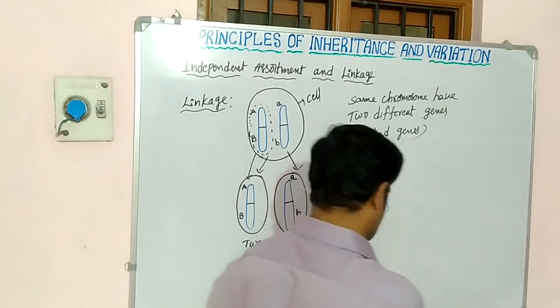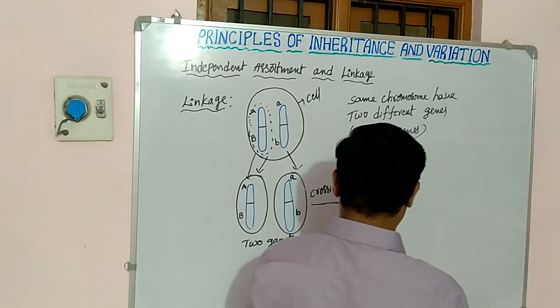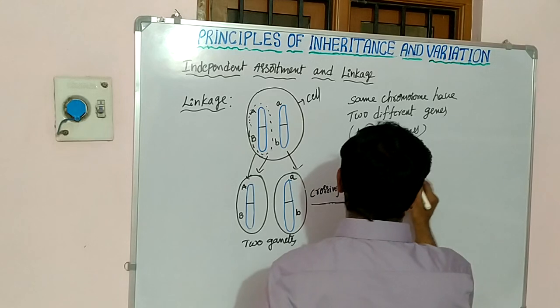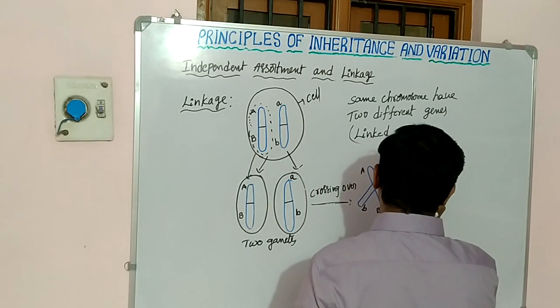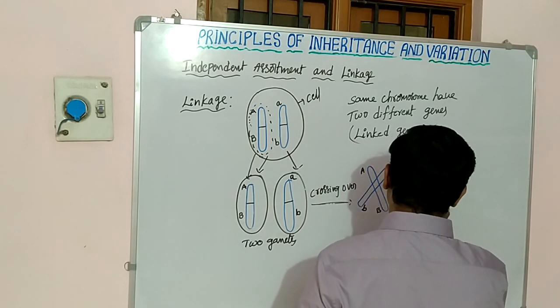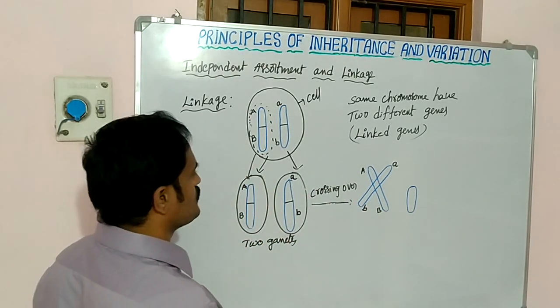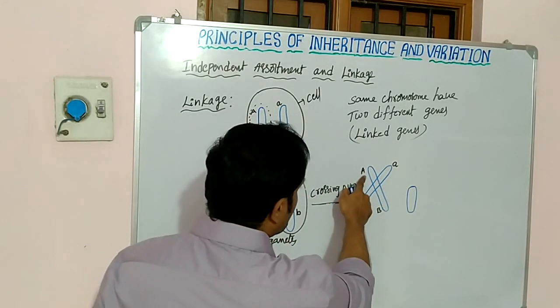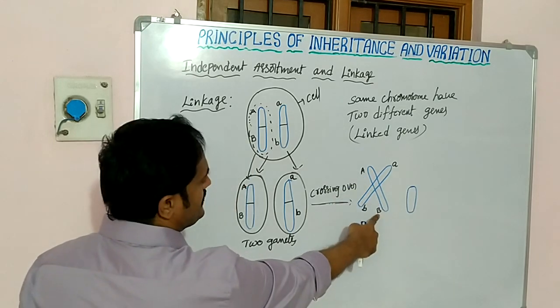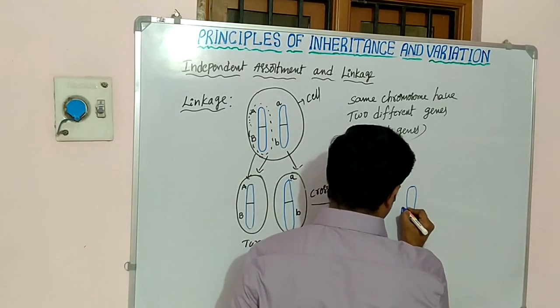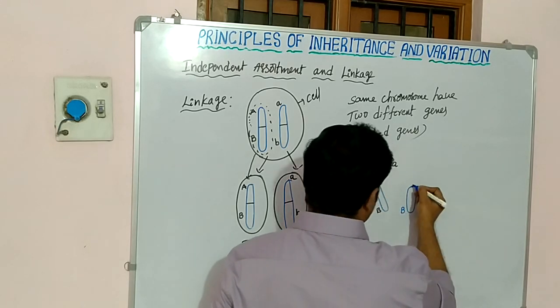How do they exchange? Suppose this is the first chromosome. What genes does this first chromosome consist of? Capital A, capital B. I will take capital B here.